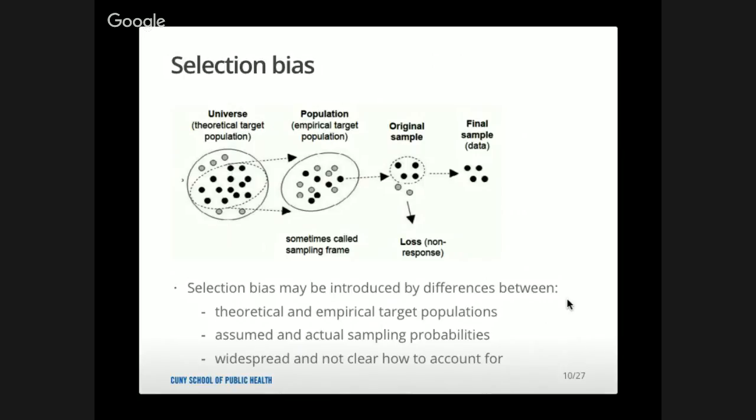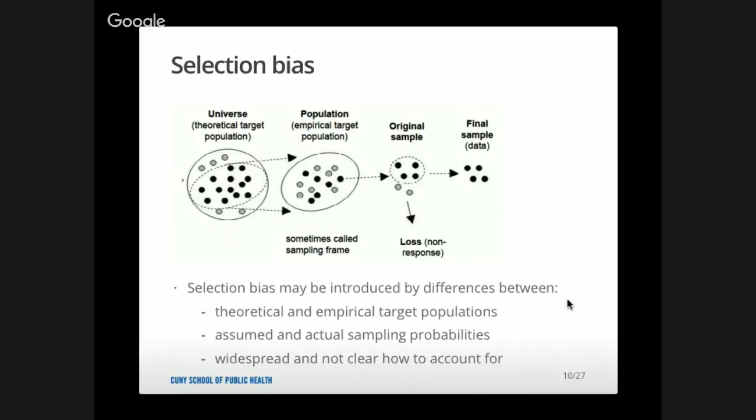So from this sampling frame, you select a random sample. Quite likely you lose some of them due to non-response if this is an observational study where you have to get participation from the study participants, or if this is, I don't know, a trial where you are trying to recruit the participants from your study population, some people refuse to participate or don't give consent to use their specimens for research.